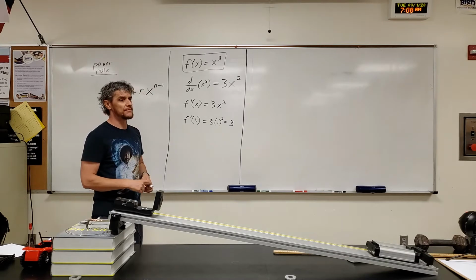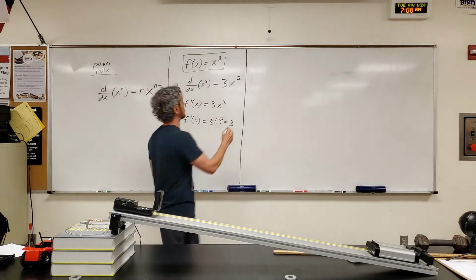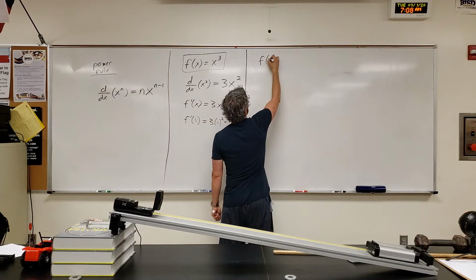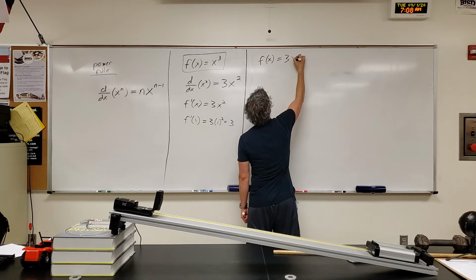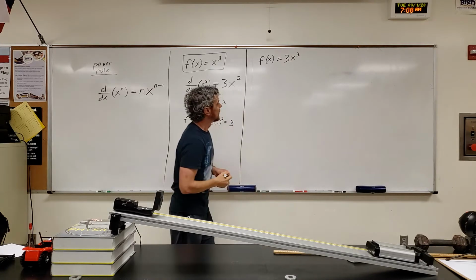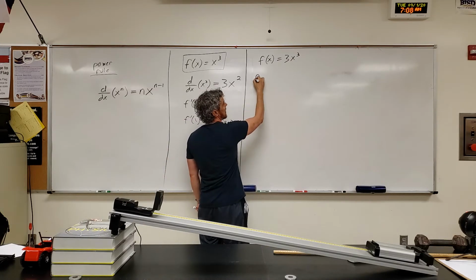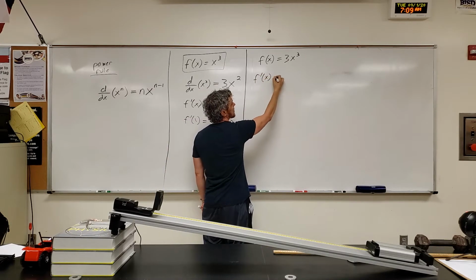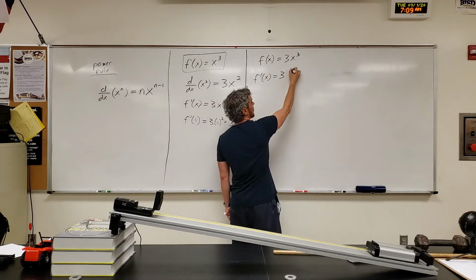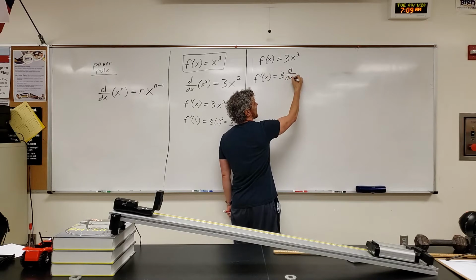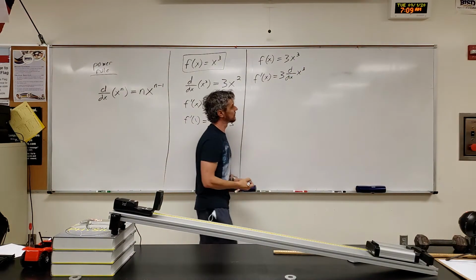Let's do another example where we actually use the constant multiple rule. So let's say f of x equals 3x cubed. All right, well, the constant multiple rule says that the derivative is going to be 3. I pull the constant out in front, and then I do the derivative with respect to x of just the x cubed.